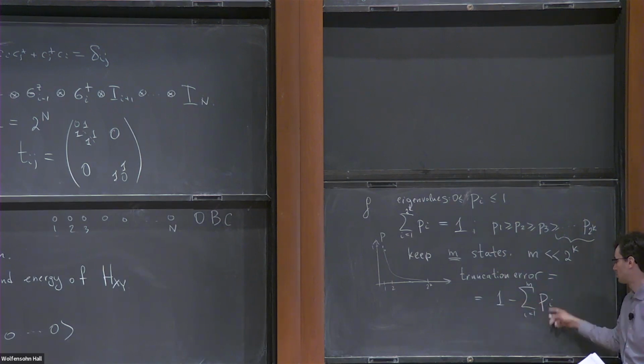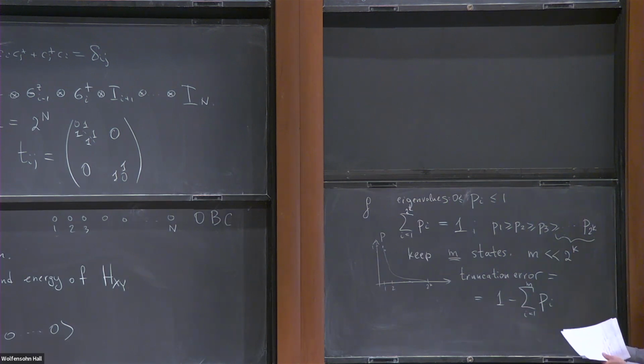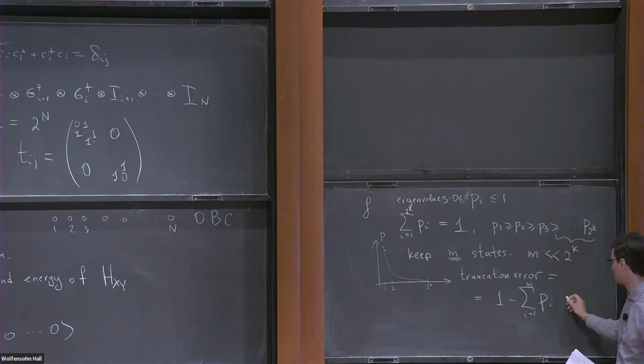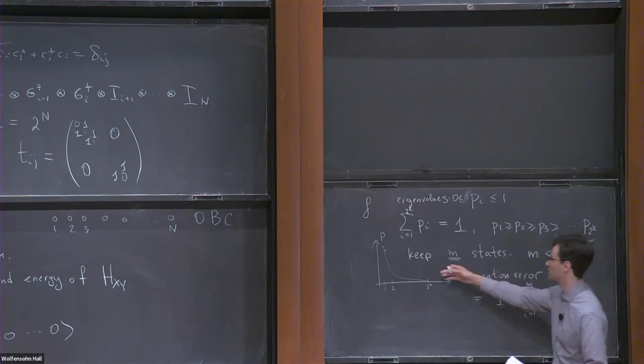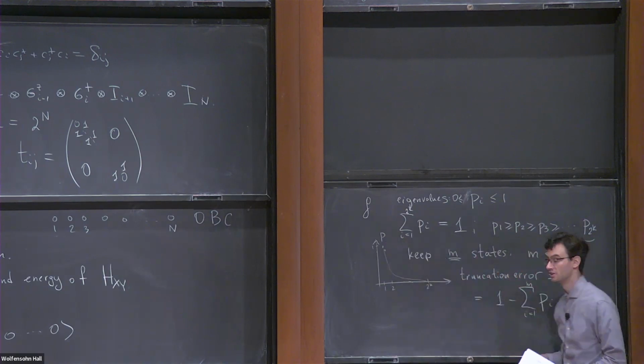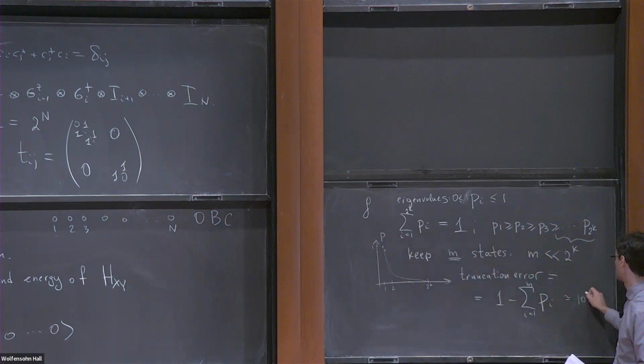Usually in this type of computation, if we keep only 10 or 100 states, the truncation error is extremely small, because, as I said, the eigenvalues fall off exponentially. It may be like 10 to the minus 10, an extremely small number.